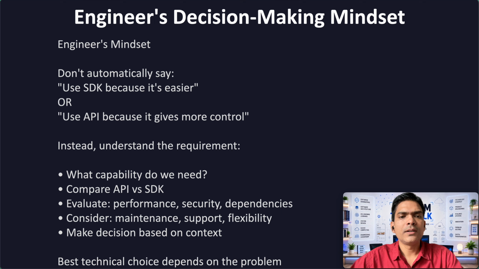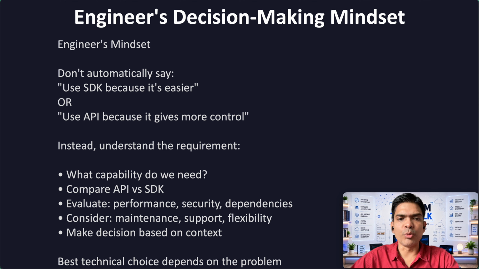This brings us to the engineering mindset. I want to highlight that we should not automatically say, let's use the SDK because it's easier. And we should not automatically say, let's use the API directly because it gives us more control. Instead, we should first understand the requirements.